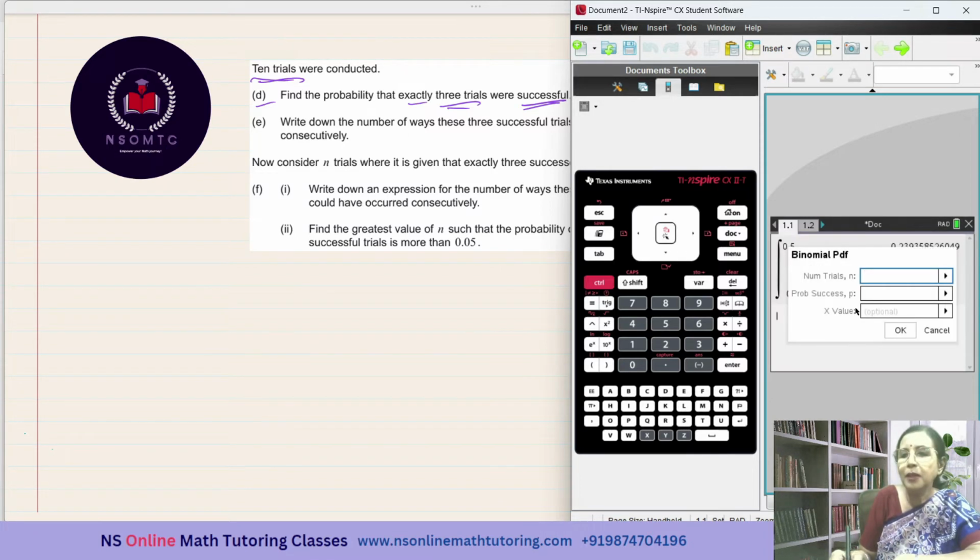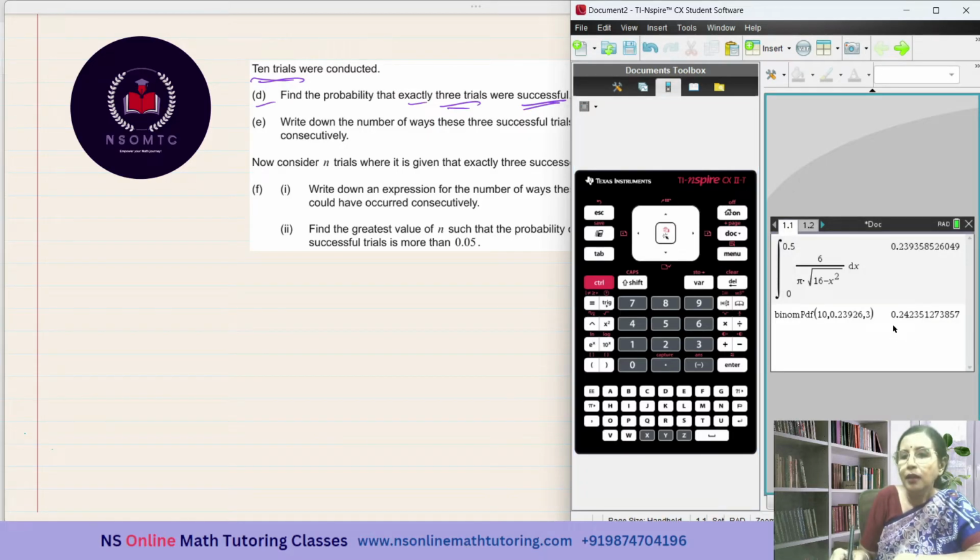I'm using the binomial PDF. So the number of trials n is 10, and then the probability of success is 0.23936 and the X value is 3. And it is 0.24235, up to 3 significant figures.